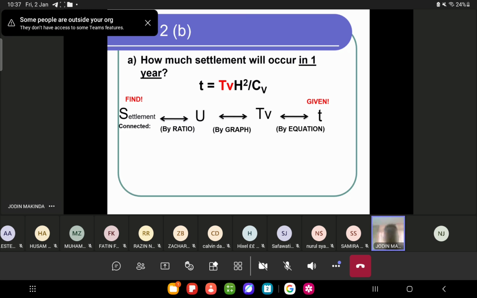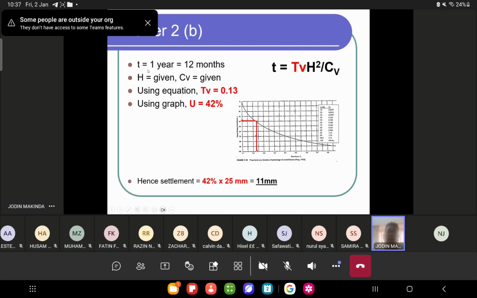So you are given time, on the right side, T. You need to find settlement, on the left side, S. So use time to find TV, use TV to find U, use U to find settlement. Time is 1 year. Why do we change to month? Because CV is per month.